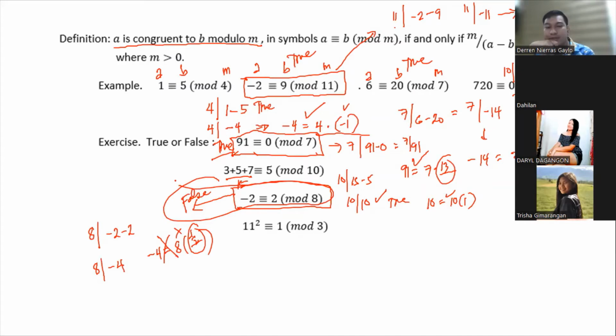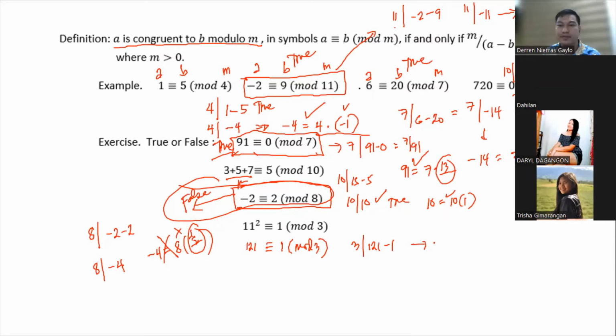Okay, how about the second one? 11 squared is congruent to 1 modulo 3. So what is 11 squared? 121. Or you can just write it as 121 is congruent to 1 modulo 3. So you have 3 divides 121 minus 1.